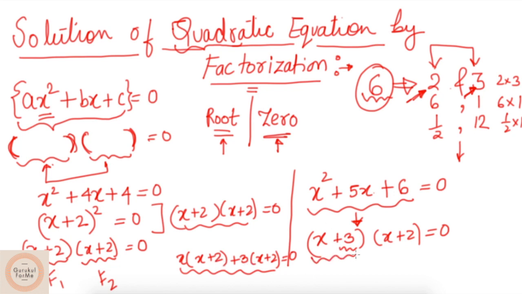Can we say that this is factor 1 and this is factor 2? Definitely. So now do we understand what factors are? Yes. The only process missing here is how we arrive at finding these factors. That's what we are going to see in this video.